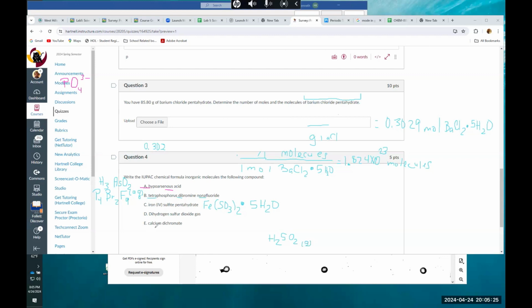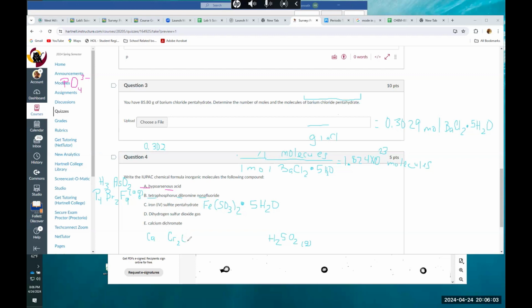Okay, and then the next one. Calcium, and a dichromate. Dichromate is Cr2O7.